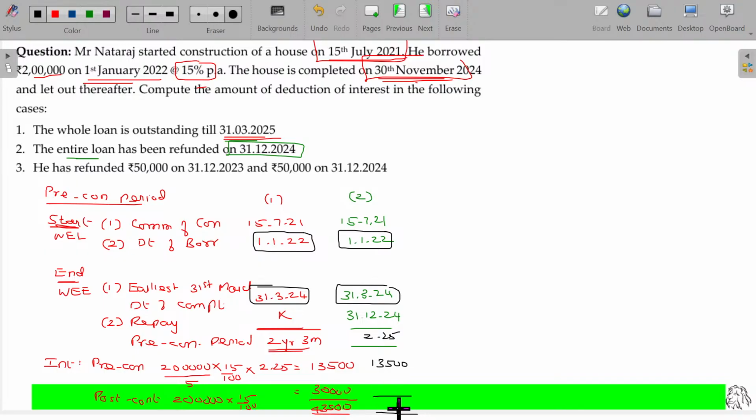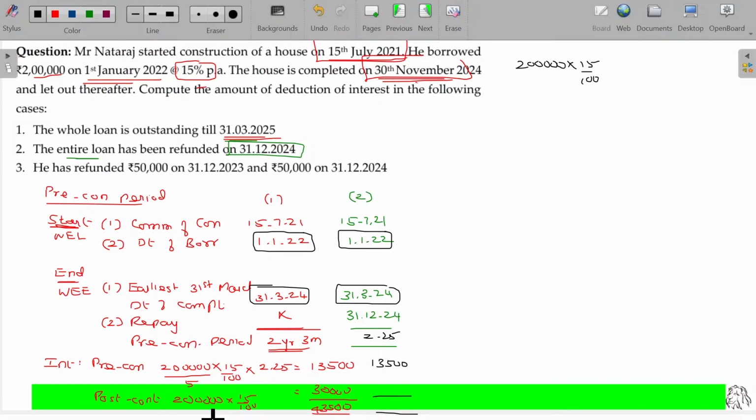But for the post-construction period, after the end of the pre-construction period, until the repayment, you can consider. So post-construction period interest here, the loan being 2 lakhs, rate of interest being 15%. After the end of the pre-construction period, that is 31/3/24, how long is the amount outstanding before it is repaid?